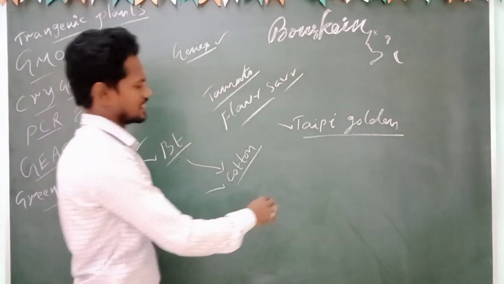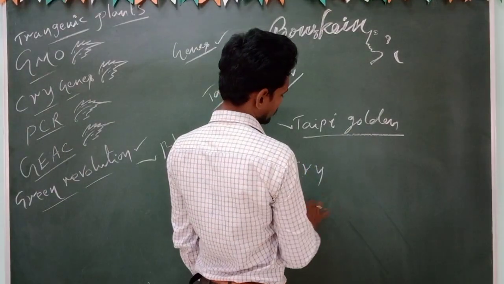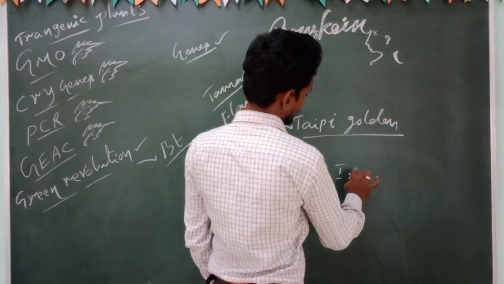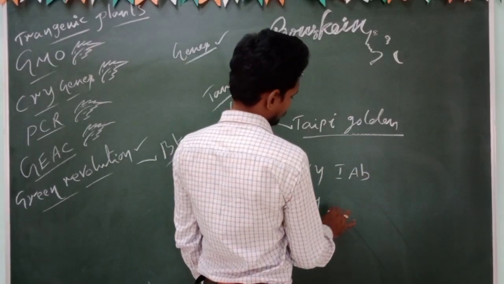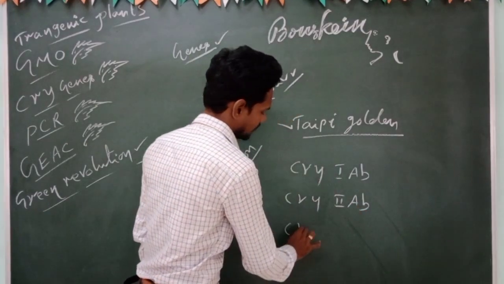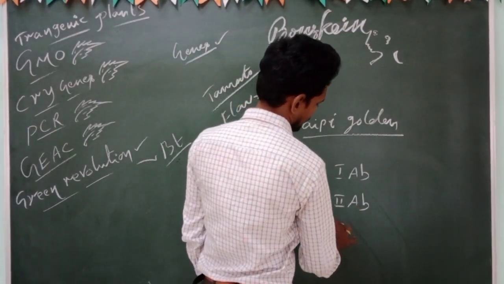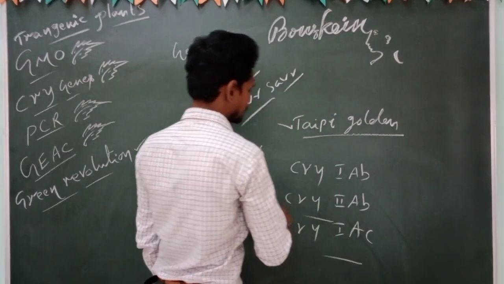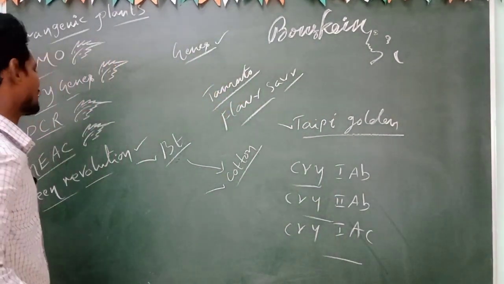There are 3 types of cry genes: cry 1Ab, cry 2Ab and cry 1Ac. These three types of genes together are called cry genes.